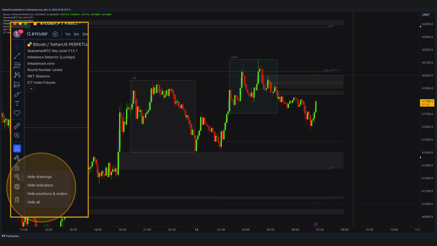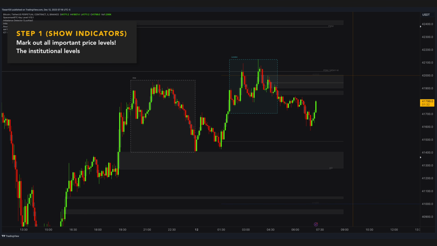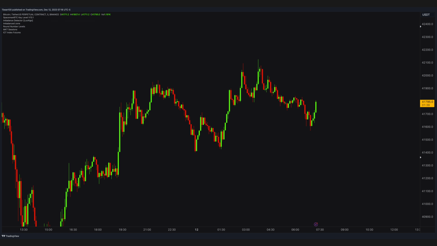Basically, what I do is this: show all indicators and start marking important levels with my drawing tools. Get an idea about higher amounts of liquidity levels with imbalances, such as all types of inefficiencies, previous day or week highs or lows, specific round numbers, session liquidity levels, and then hide the indicators.